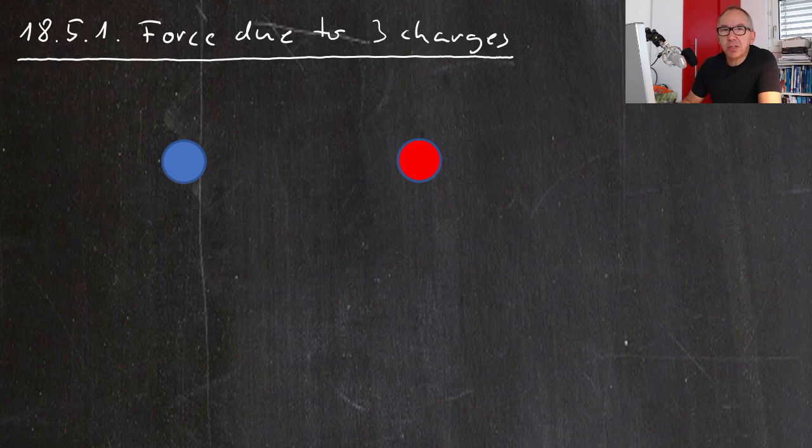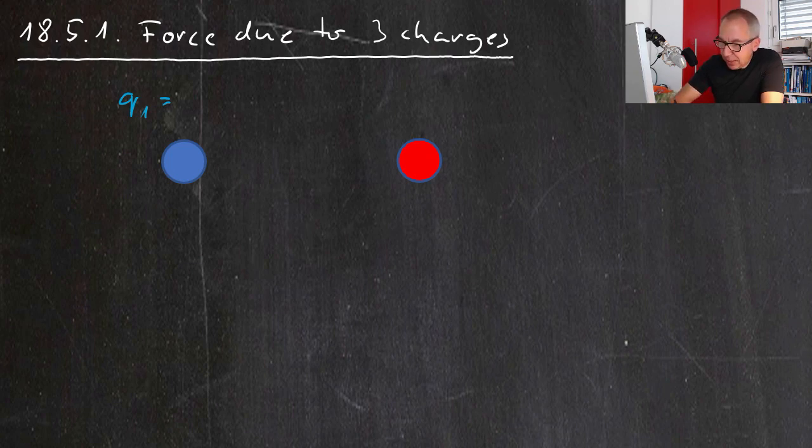The force due to three charges, or more charges of course. If we only had these two charges, we know how to do. We just make an example. Let's let this blue one be charge Q1, and usually blue is negative, but I just use these colors here so we don't confuse them.